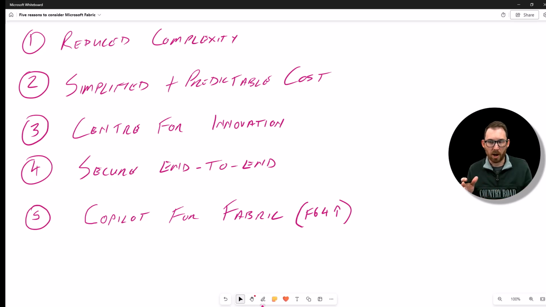Security, all the way through the data and the services, as well as the productivity and natural language capabilities that Copilot for Fabric provides when you buy an F64 or higher. So I hope that was useful to understand why, today in the middle of 2024, you should think about Microsoft Fabric.